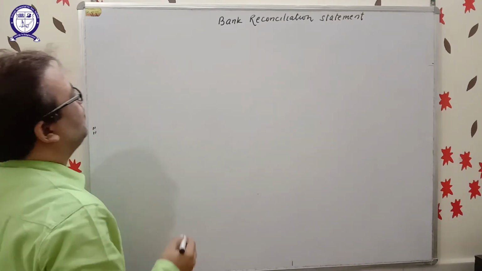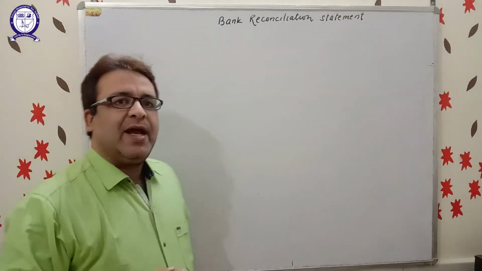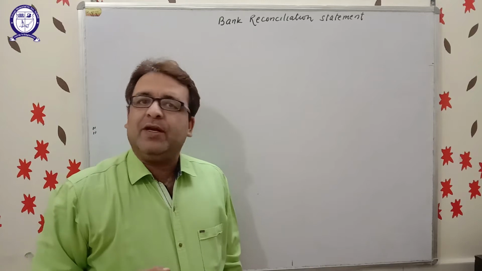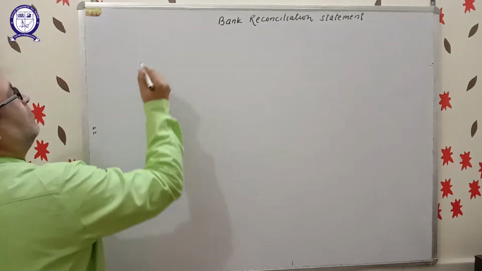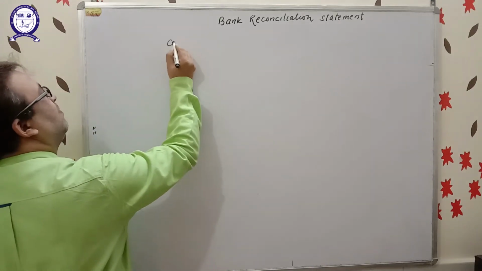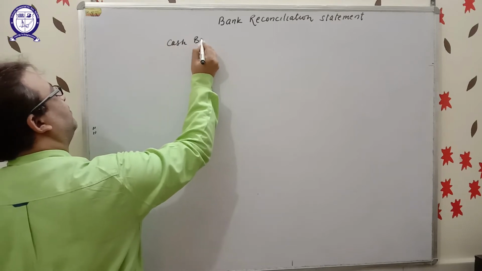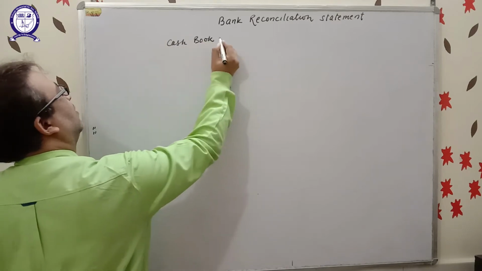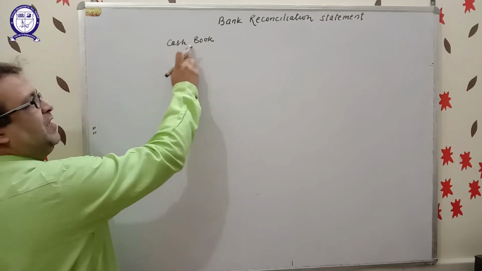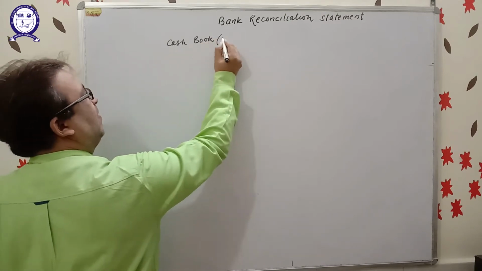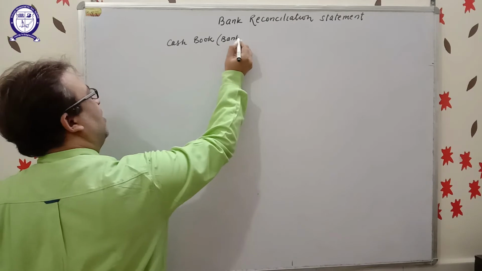As you know, every businessman has an account in bank. So every businessman prepares a cash book, no doubt with cash and bank columns. But we will discuss here only the bank column.